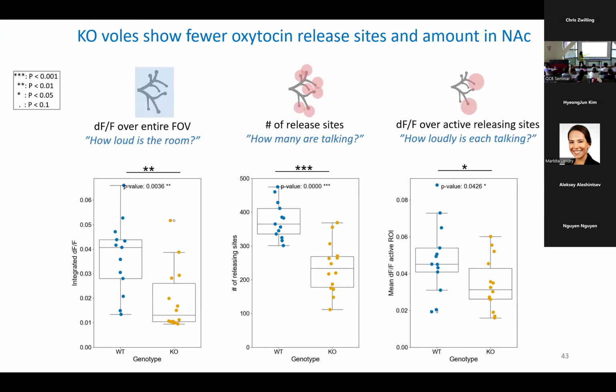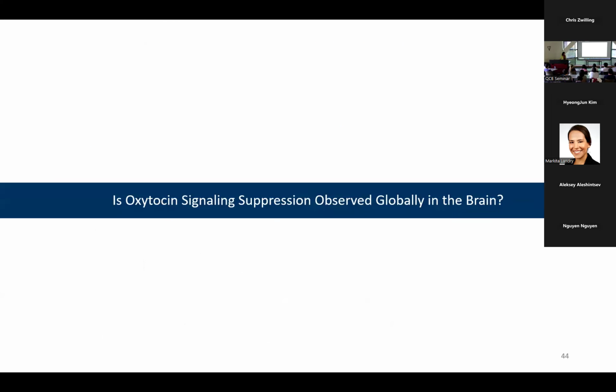But in all 3 metrics, we're seeing a statistically significant decrease in the amount of oxytocin, release sites for oxytocin, and the amount of oxytocin released per release site. So this clearly suggests a blunted ability to signal through oxytocin in the receptor knockout voles.